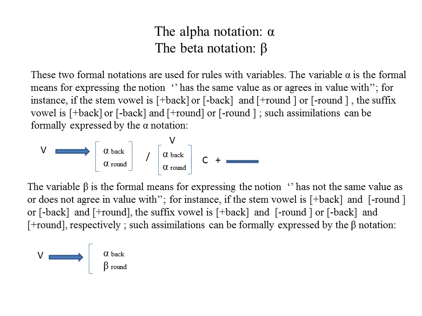If alpha back means plus back, the value of the round feature is minus. If the value of alpha in the back feature is minus, the value encoded by beta is plus. So it is the opposite, okay? The value of beta is the opposite of the value of alpha.